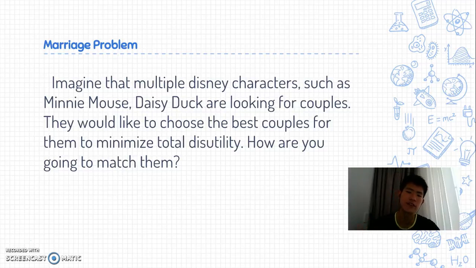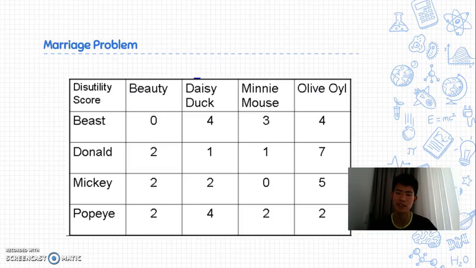Disutility arises if there's a mismatch in the couple. Let's say Minnie Mouse is matched with Donald Duck, then of course there will be some contention going on because they are not the same species. For example, they are duck and mouse. So that is the disutility. How are you going to minimize these conflicts? This is a disutility score.